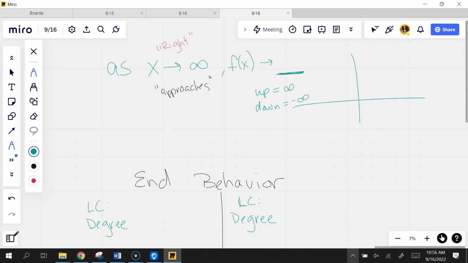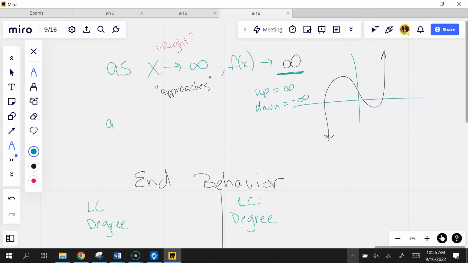So it could go both ways. If this is my graph, then as x approaches infinity, f of x approaches what? Is the right side of the graph going up or down? So I need to say that. So I need to say this is one side.